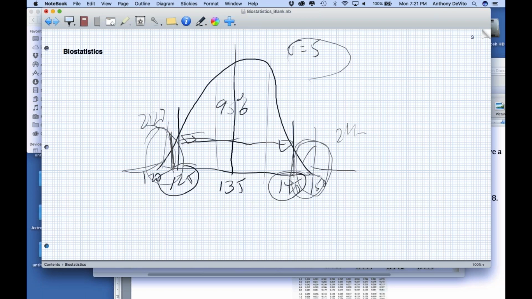Let's say I'm willing to say they're not part of this population if there's less than a 5% chance that they are. All of the people out here are so far out that they're only going to happen 5% of the time, 2.5% on the low end, 2.5% on the high end.